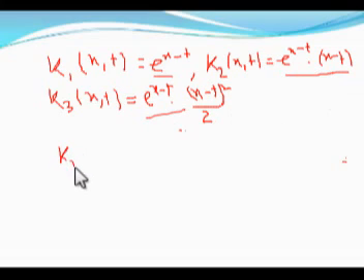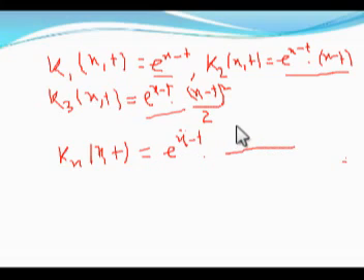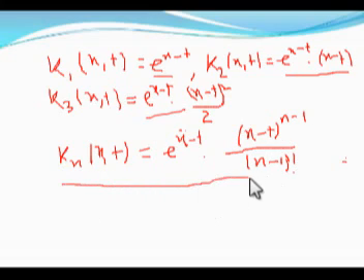Kn x t will be e to the power x minus t, constant for all the kernels, and here is some change: it will be x minus t to the power n minus 1, and below we will get n minus 1 factorial. We have noticed that in this way all the kernels are found out. So this is the nth kernel.